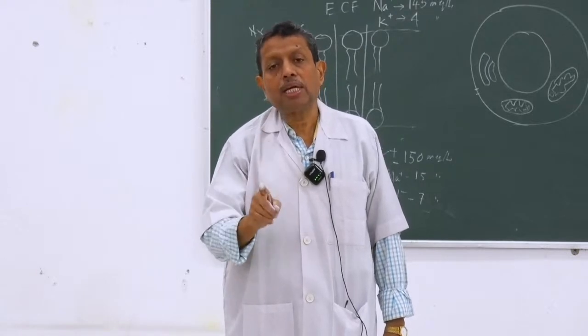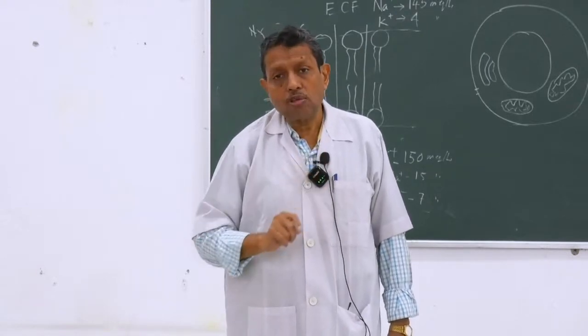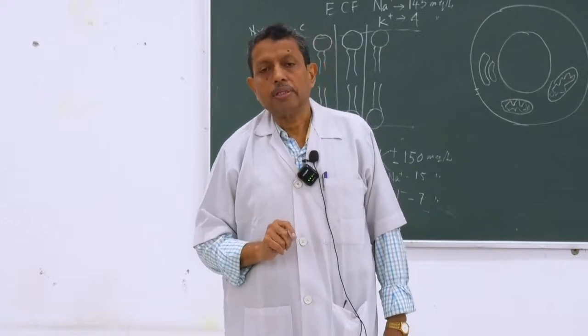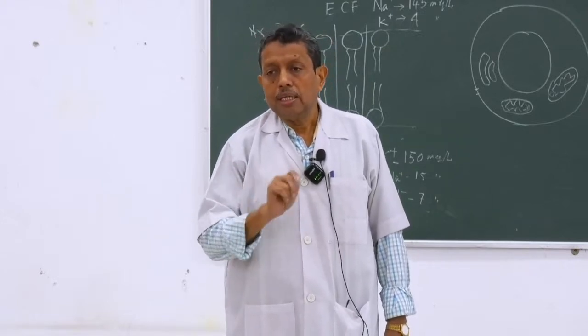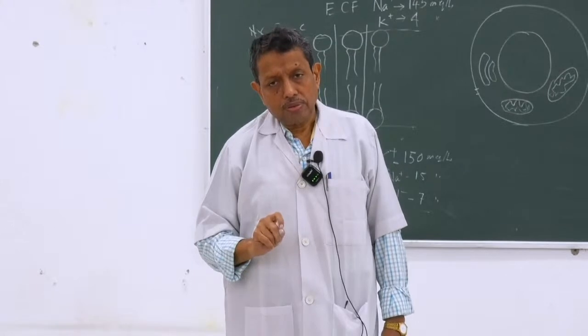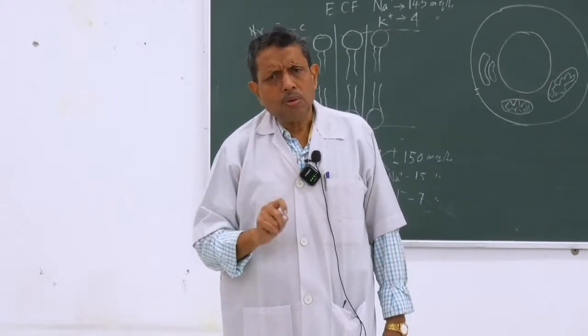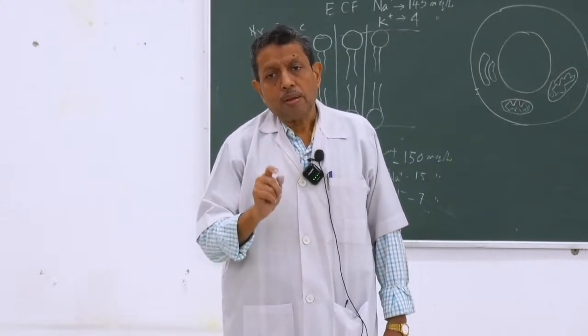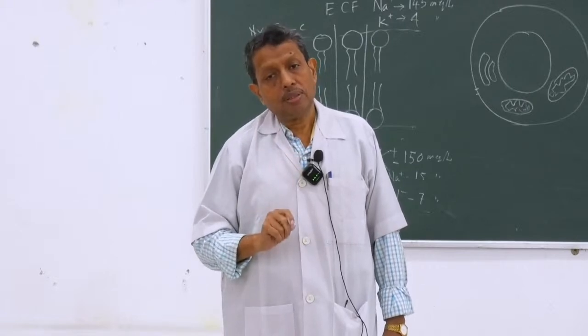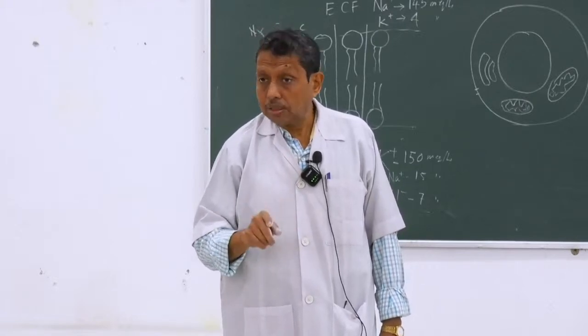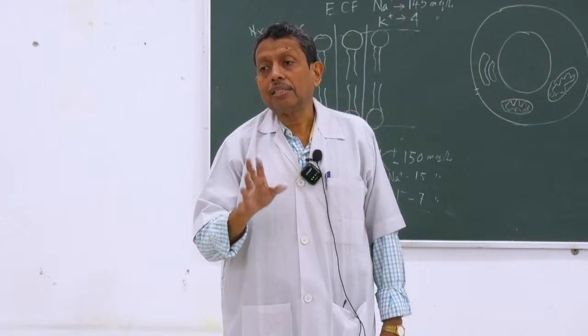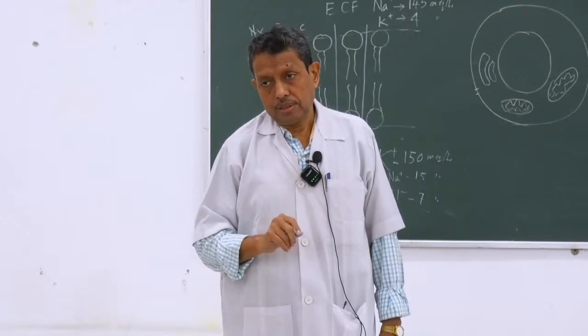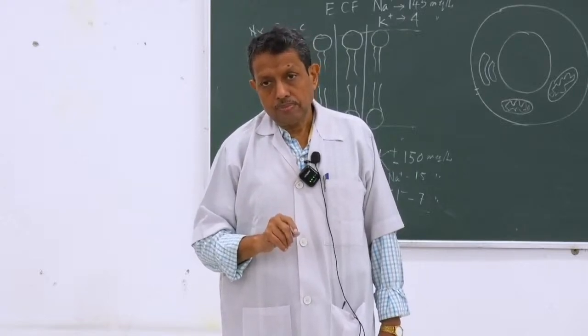In the case of the potassium channel, it will not allow other ions to enter. Sodium channels allow only sodium ions. To some extent they may allow calcium ions in some cases, but it is primarily sodium. There are also calcium channels, and these channels are specific in that sense.